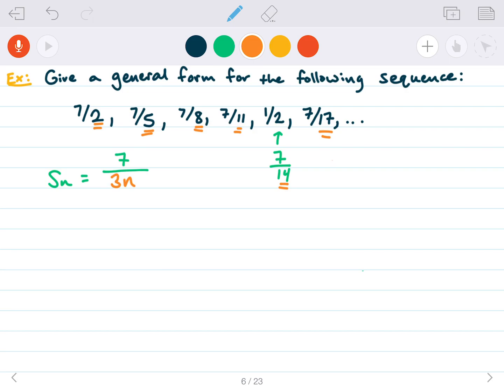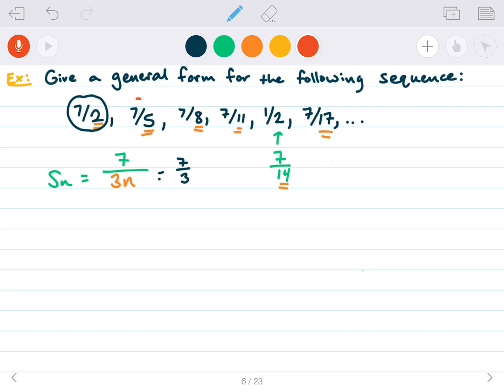And then I want to see what's happening when I plug in 1 for n, 2 for n, and so forth. So if I plug in 1 for n, first position is this guy. If I plug in 1 for n, I get 7 over 3 times 1, which is 7 over 3, which is not quite right.